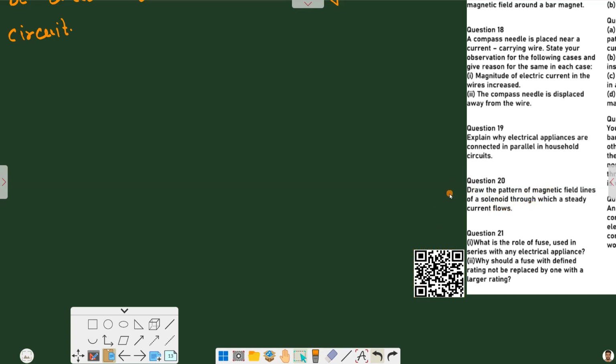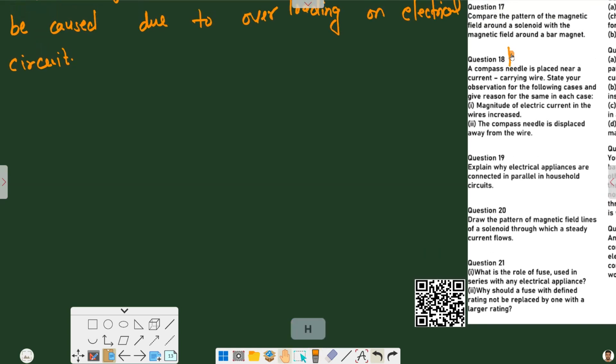We have just explained and drawn magnetic field lines for a solenoid in our previous question, where we compared the magnetic field of a solenoid and a bar magnet, and we have also covered this question multiple times in our previous numerical series of videos, and also in our theory class, so you can watch it over there, and you will be able to find your answer. So we will skip it over here. Now moving to question number 21.